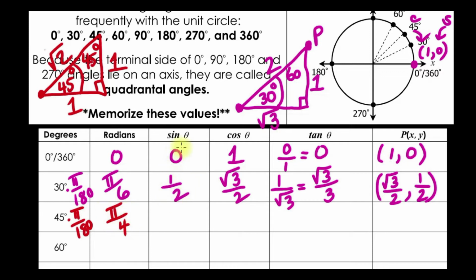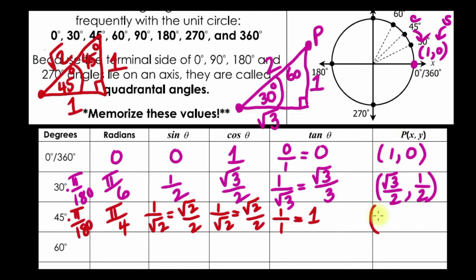Sine of 45 degrees is 1 over root 2, but when you rationalize it, it's root 2 over 2. Same thing for cosine: 1 over root 2, which rationalizes to root 2 over 2. And then your tangent is opposite over adjacent, so 1 over 1, which is 1.